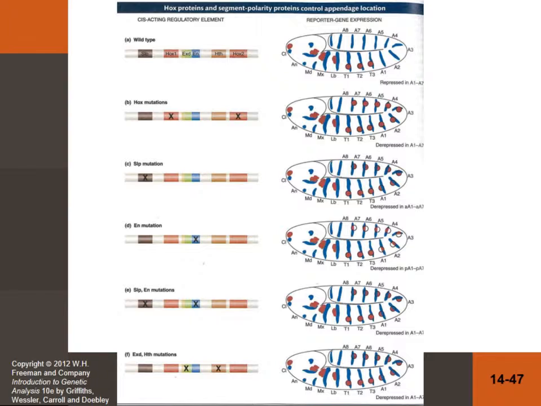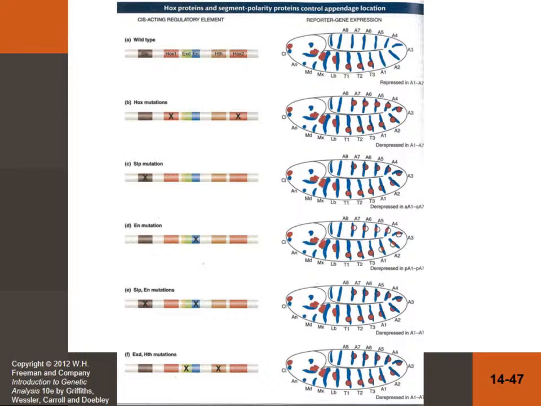And we can see that Distal-less expression is repressed in segments A1 to A7. In B, we have the 2 Hox gene mutations, resulting in de-repression of Distal-less in segments A1 to A7.